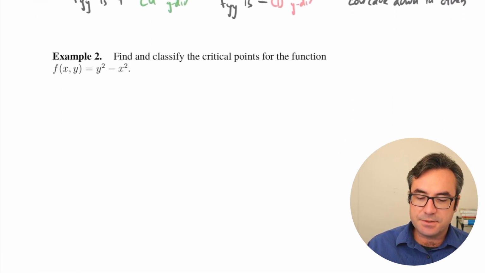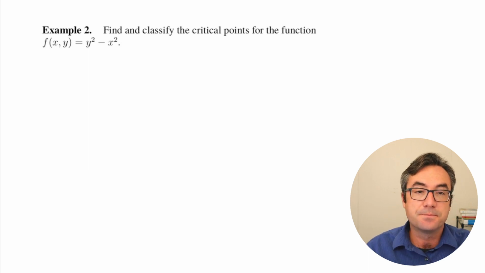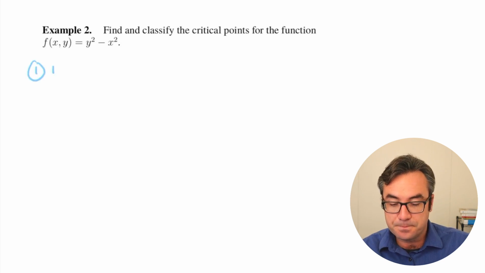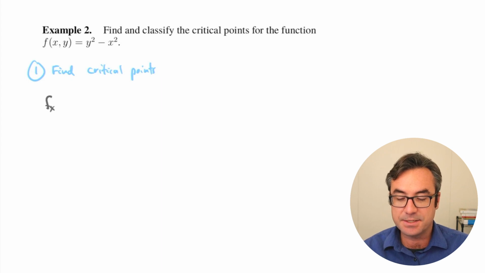All right, so let's try an example. Let's find and classify the critical points for the function y squared minus x squared. First of all, let's find the critical points, and we're going to do that with our first order derivatives. So we have to calculate f partial x, which here is going to be negative 2x.